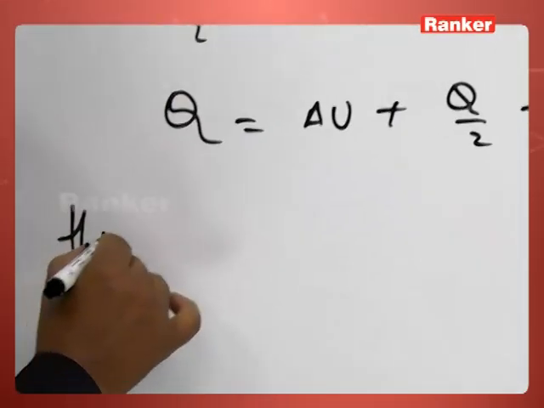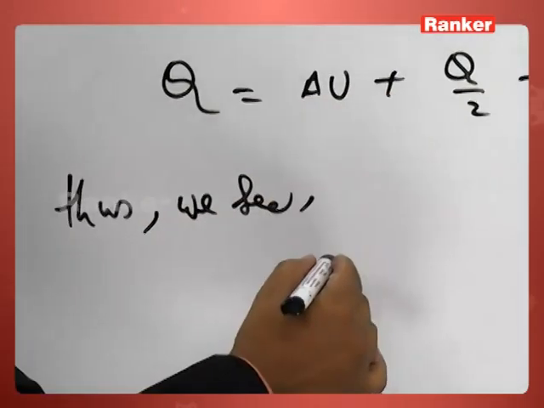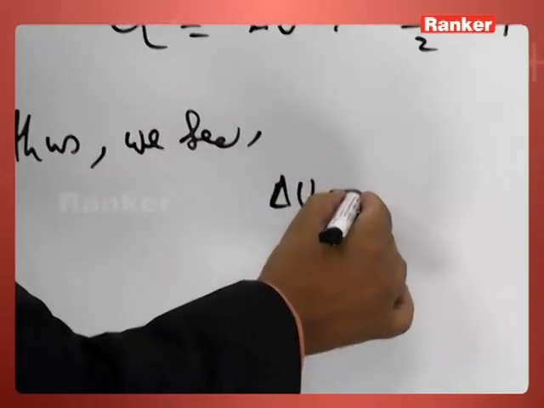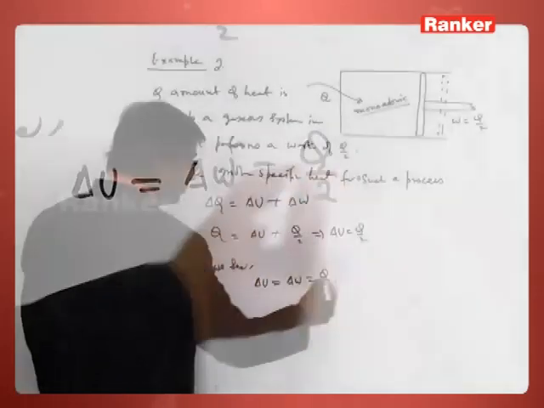Thus we see that delta U is equal to delta W is equal to Q by 2.